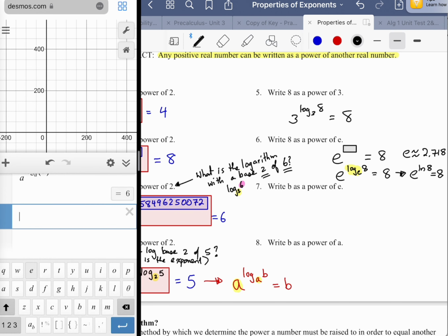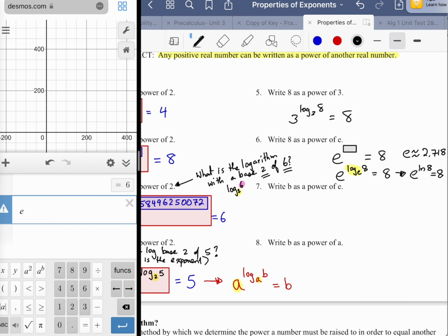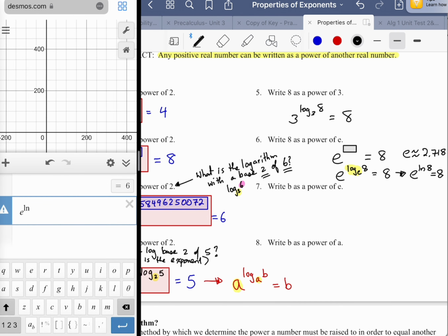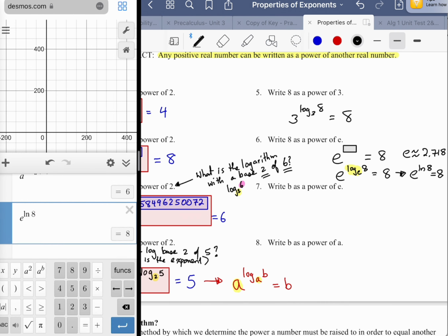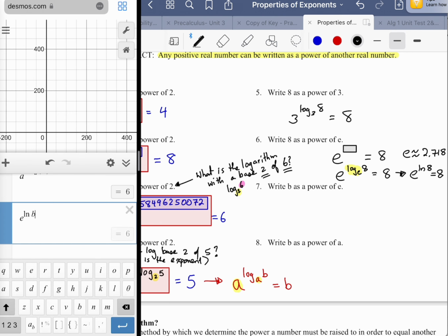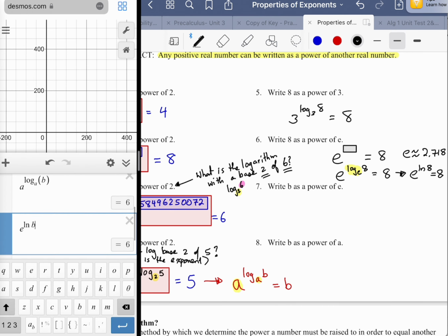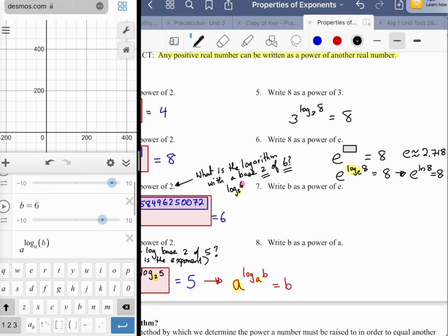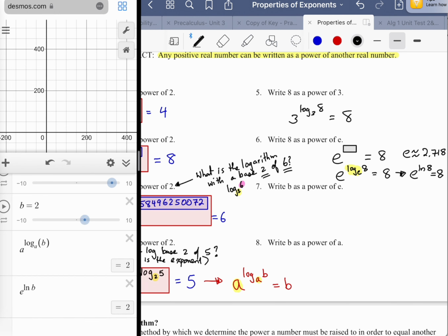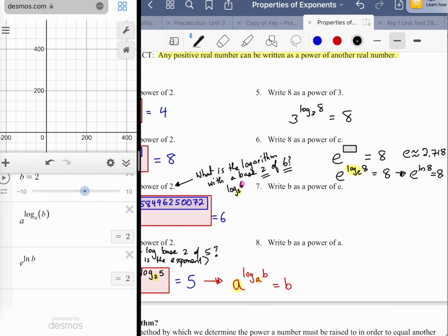So I would say e raised to the ln of 8 gives a result of 8. All right. If I do it for some value b, the result here is 6, but that's because that's what b is set to. If I have b set to 2, the result will be equal to 2.